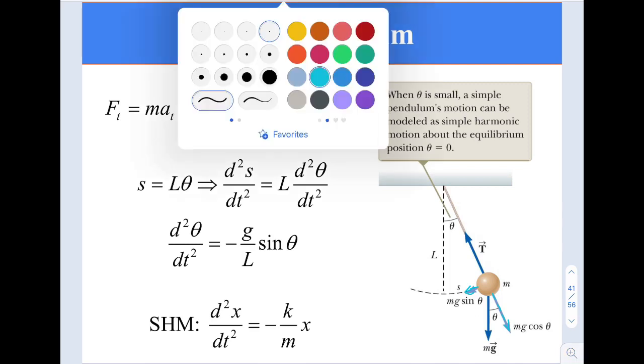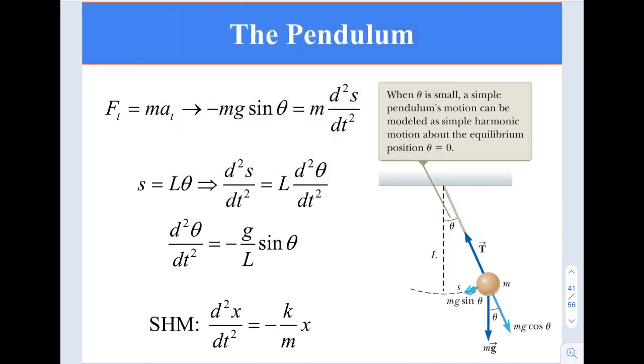Not to forget that our initial displacement, the s, is to the right, while the motion is to the left. So mg cos theta is going to be balanced, or cancel out, with the T.